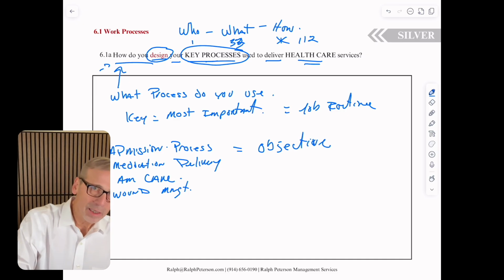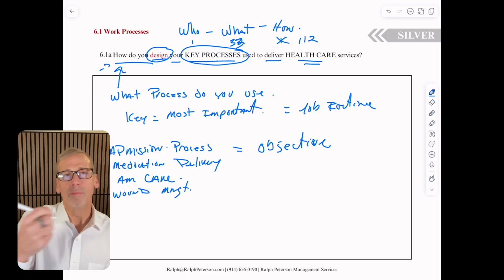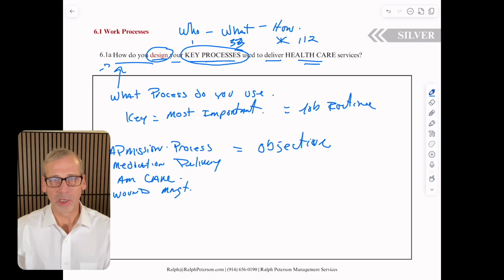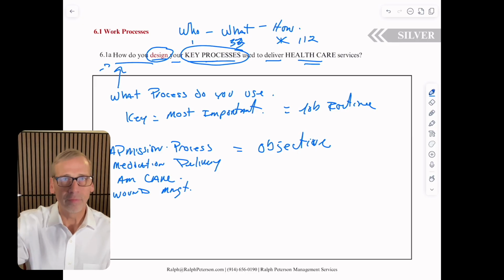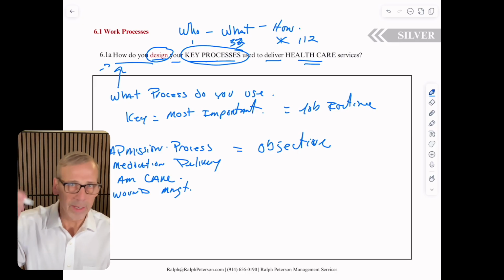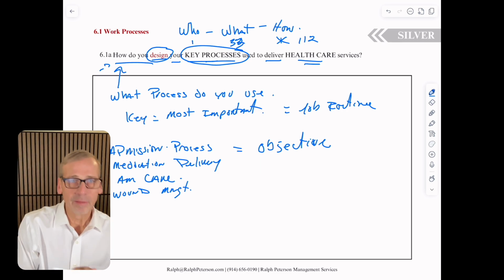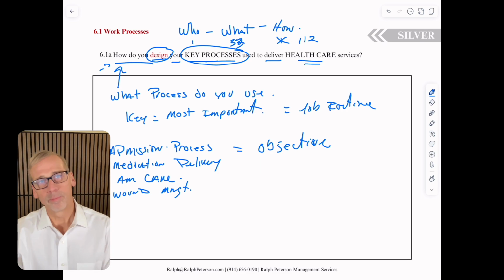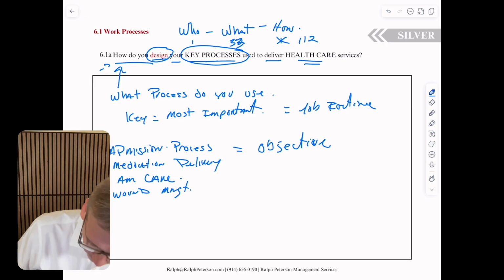What is the objective of the admission process? Admitting a resident. What is the objective of medication delivery? Delivering medications. What is the objective of AM care? It's to provide AM care. Get them out of bed, feed them, get them clothed, wash them, body wash, brush teeth, hair, face, whatever. What is the objective of wound management? Well, it's to provide wound management. Wound care, right? It's wound care.